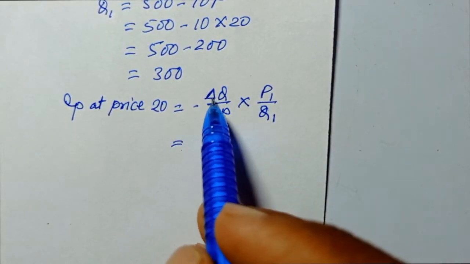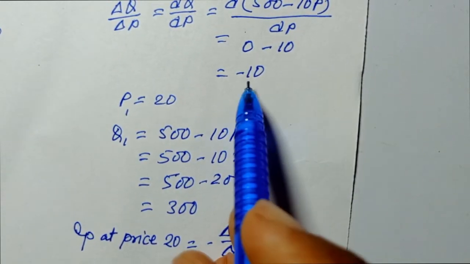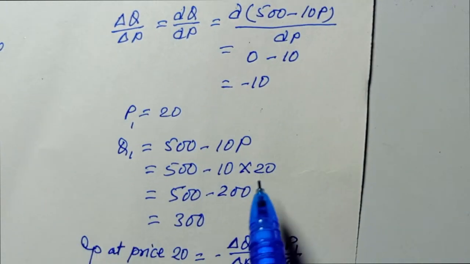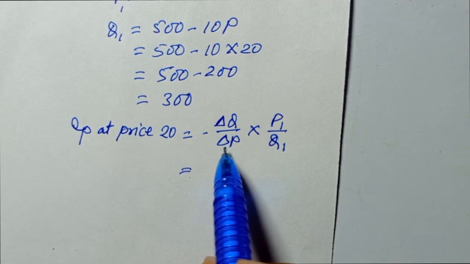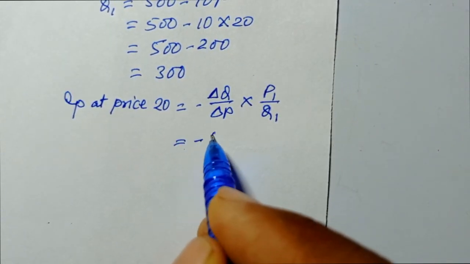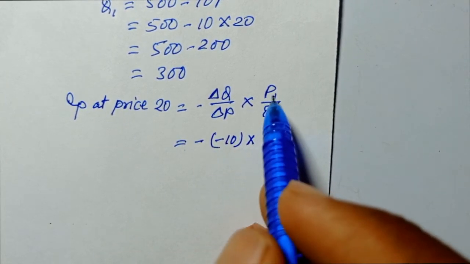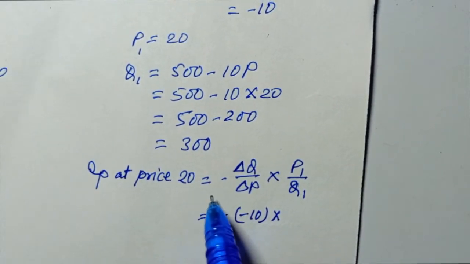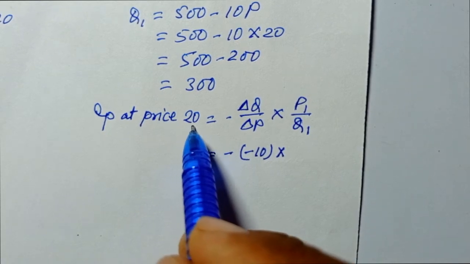In place of del q by del p you should write minus 10, because this is the value of del q by del p. So del q by del p is replaced by minus 10, and already minus, and again minus 10 into, in place of p1, you should write the initial price 20, because you are finding the price elasticity of demand at price 20.